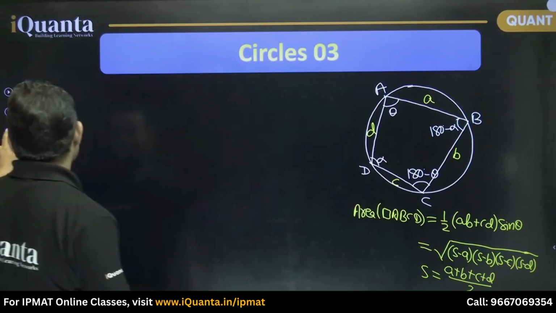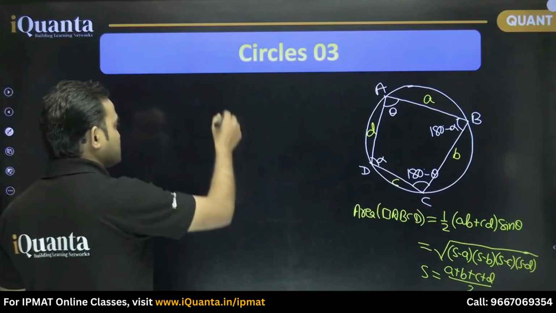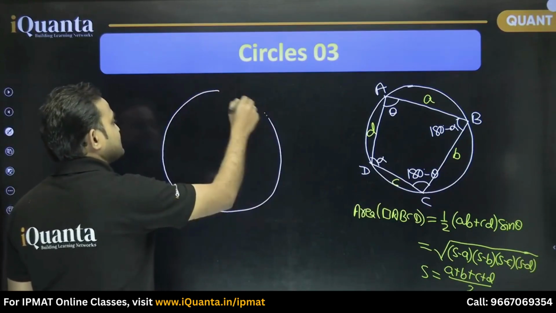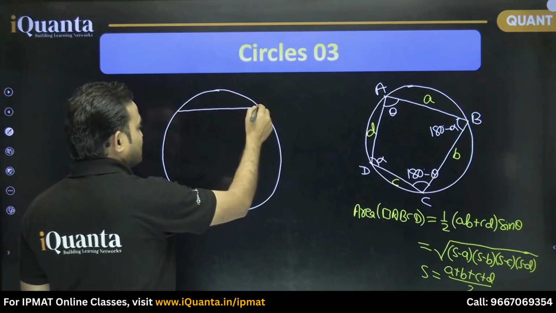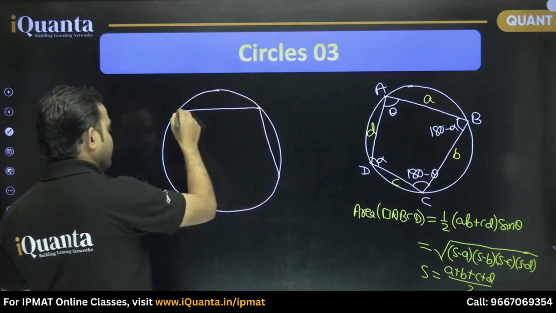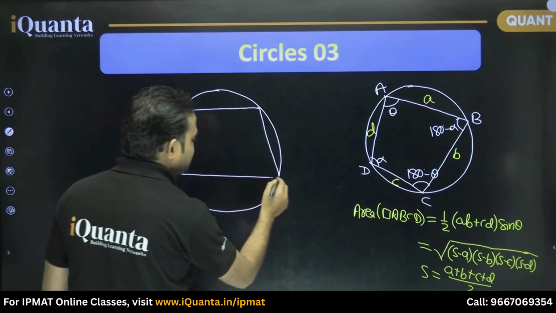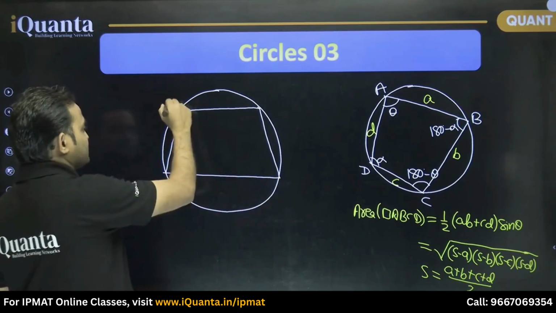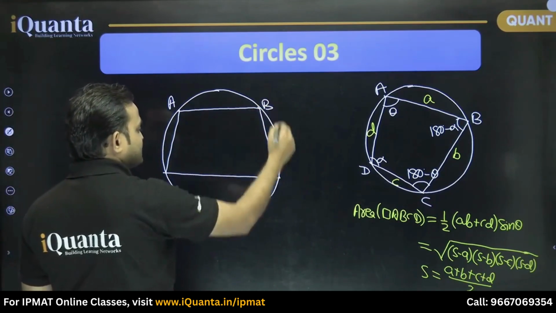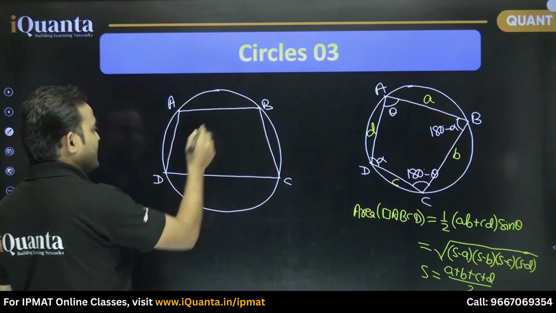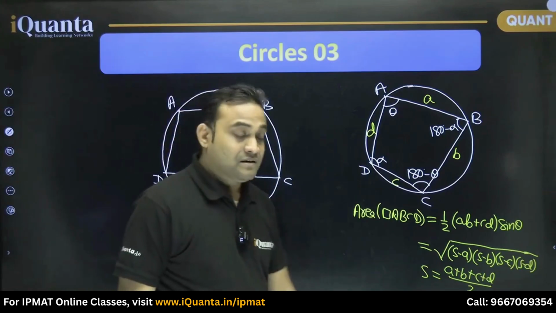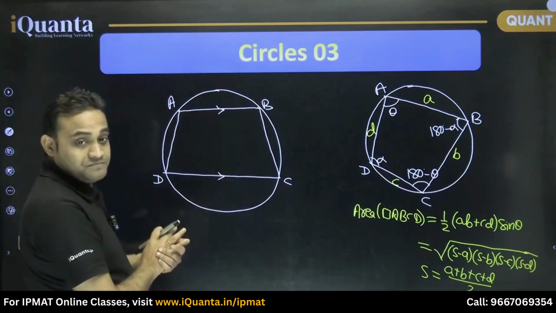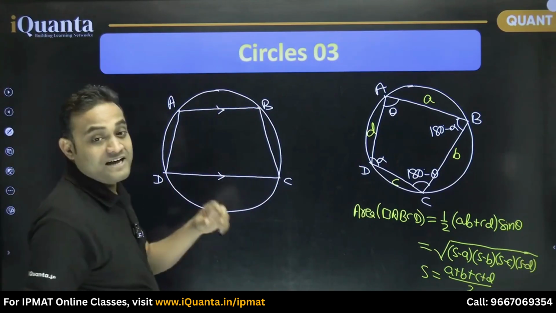Apart from this, one thing that you should also know, that in any circle, if there is a trapezium inscribed to it, trapezium ABCD, where AB is parallel to CD, then we will say that this trapezium must be isosceles trapezium.